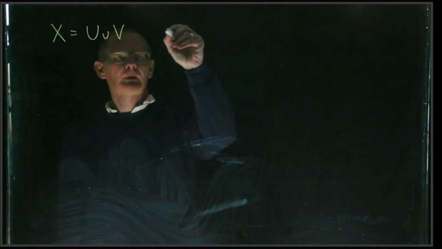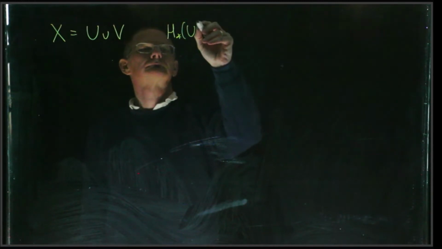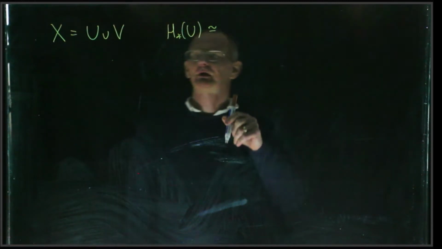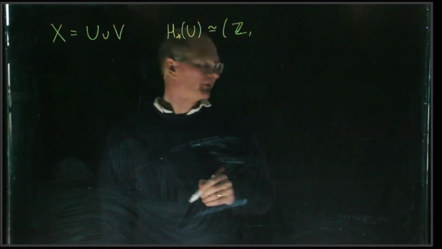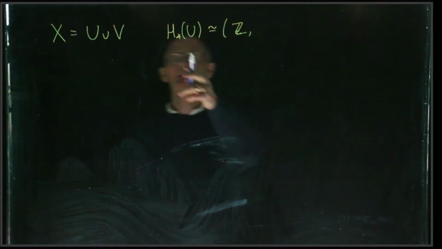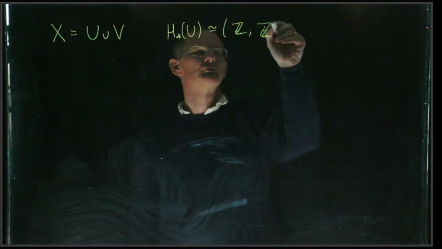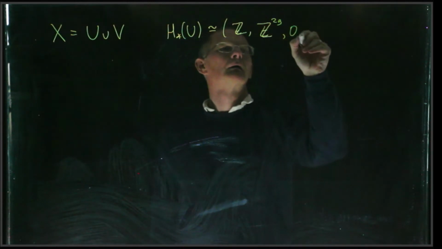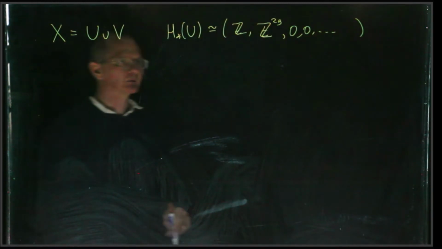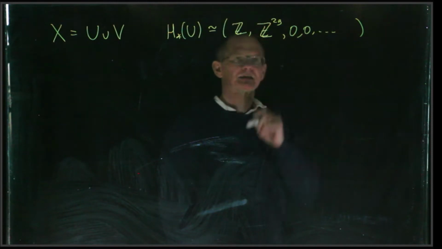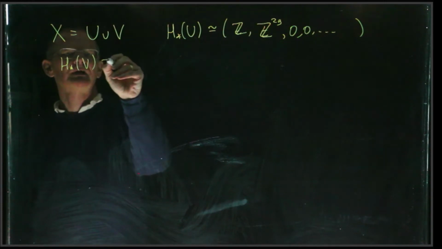Okay, so we had that our H star of U: we've got a Z in degree 0, and then in the pictures we had a Z^4 for H1, but in general it's going to be Z^2g, where g is the genus. Before we had pictures for g equals 2, and you had a Z^4 here, but in general it's going to be Z to the 2g. And V was contractible.